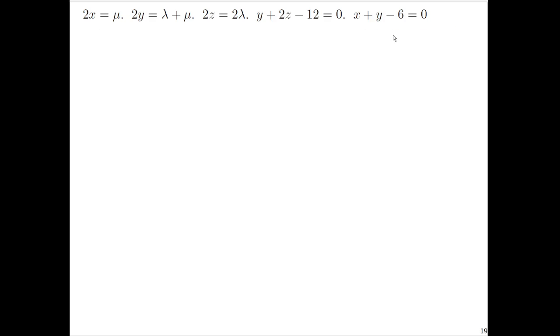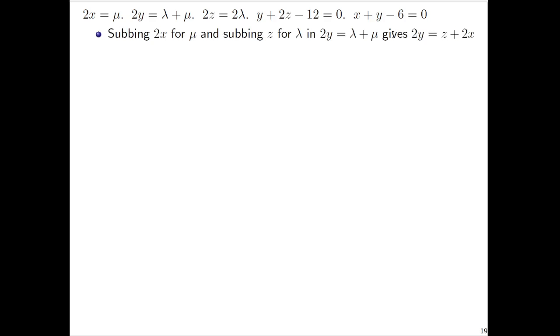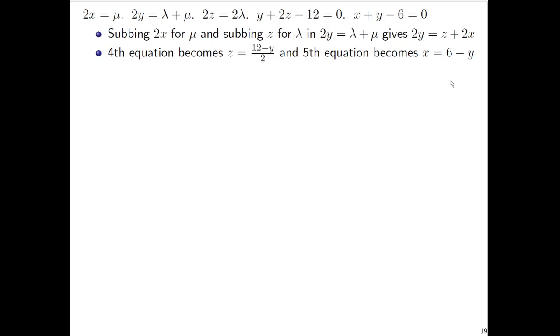Lots of different ways to do this, but let's sub 2x for the mu, and 2z equals 2 lambda just means z is lambda. So let's sub those into the second equation. So 2y equals lambda plus mu becomes 2y equals z plus 2x. The fourth equation, solving for z, gives z equals 12 minus y all over 2.